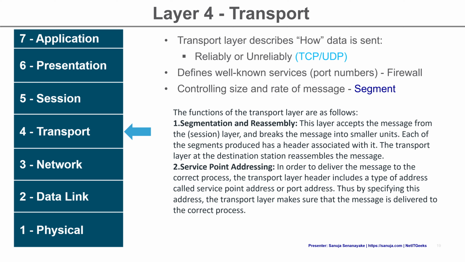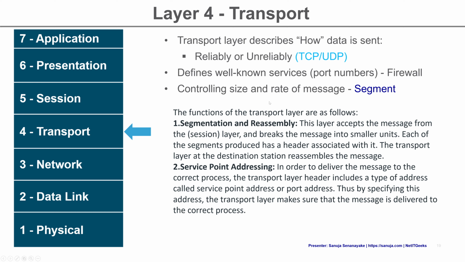For example, if you access a website using HTTP, that would be using port number 80 because that is a well-defined port used for the communication of HTTP data. If you are accessing a website such as sanuja.com, which is using HTTPS, it is using port 443 because the transport layer has defined HTTPS secure communication to port number 443. So that's where this happens, layer number 4, which is the transport layer.